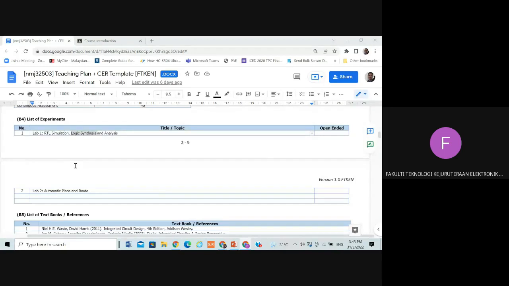Sir, how do we know that? Okay, don't worry. As usual, I will create the Google form later on. I will see the actual number of students first, and then I will decide either groups of 2, 3 or 4, and also the resources in the lab.